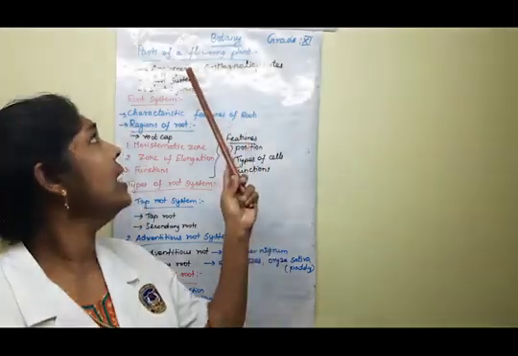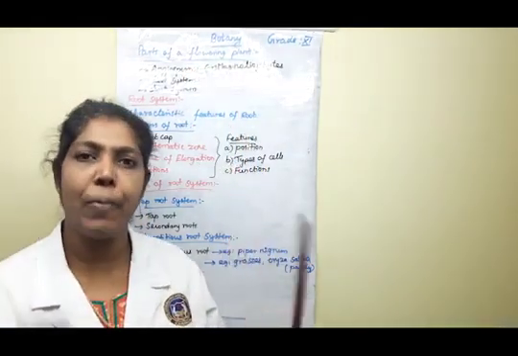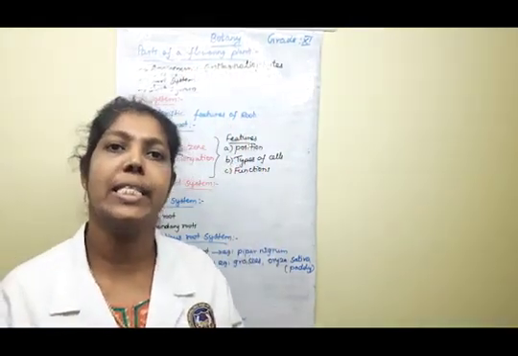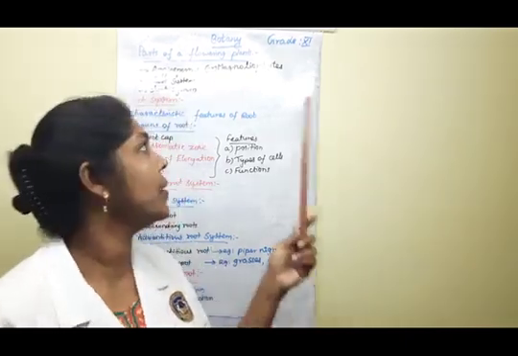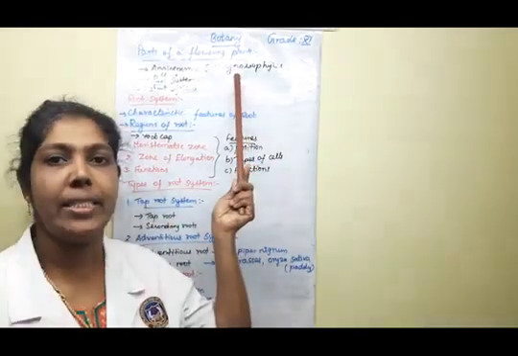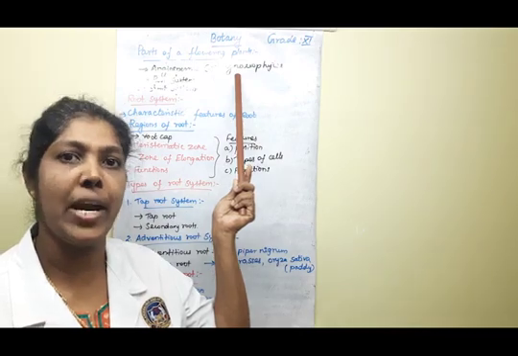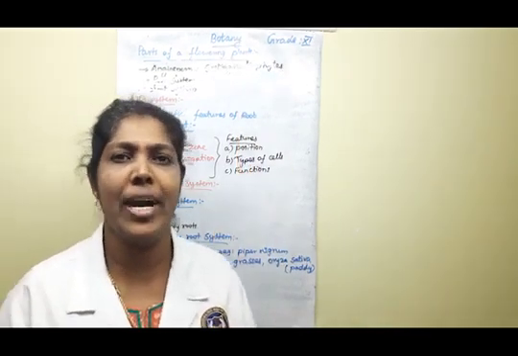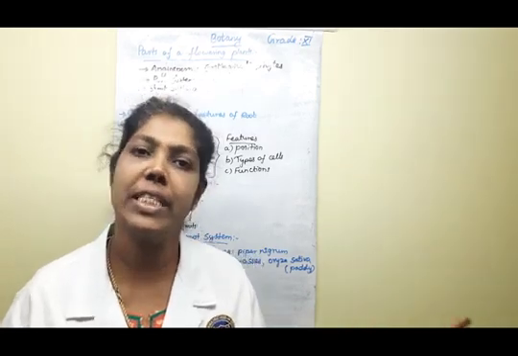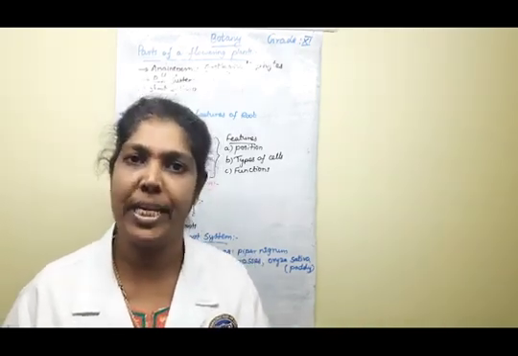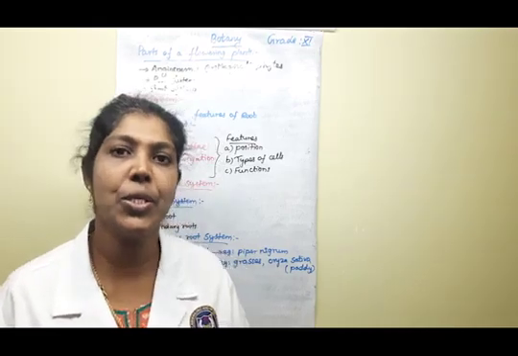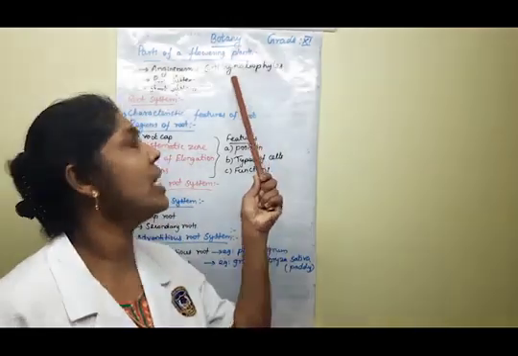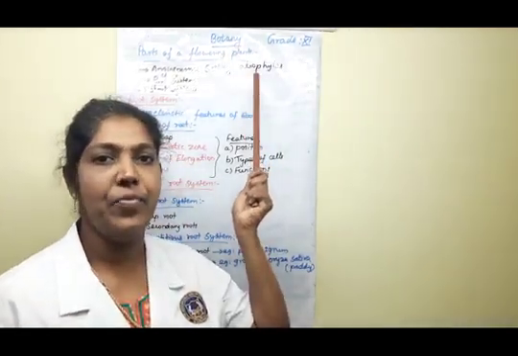This angiosperm plant is also called magnoliophytes. Magnoliophytes. Clear? Those are the terms you are supposed to know. Somewhere they ask in one word, angiosperm is otherwise called which name? So you should know that. It is called magnoliophytes.